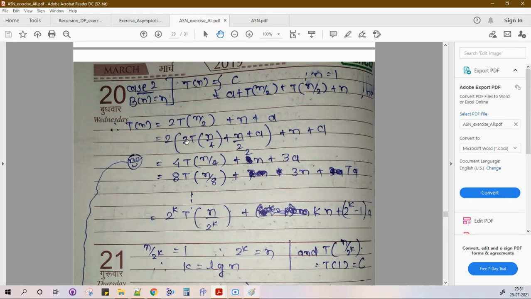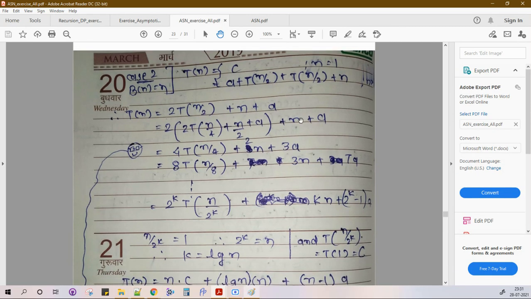Now I multiply by 2, so 2 times 2 is 4, t of n by 4, plus this 2 and this 2 cancel out, so I have n plus this n. So n plus n is 2n, plus 2 multiplied by a is 2a, plus a is 3a, right?